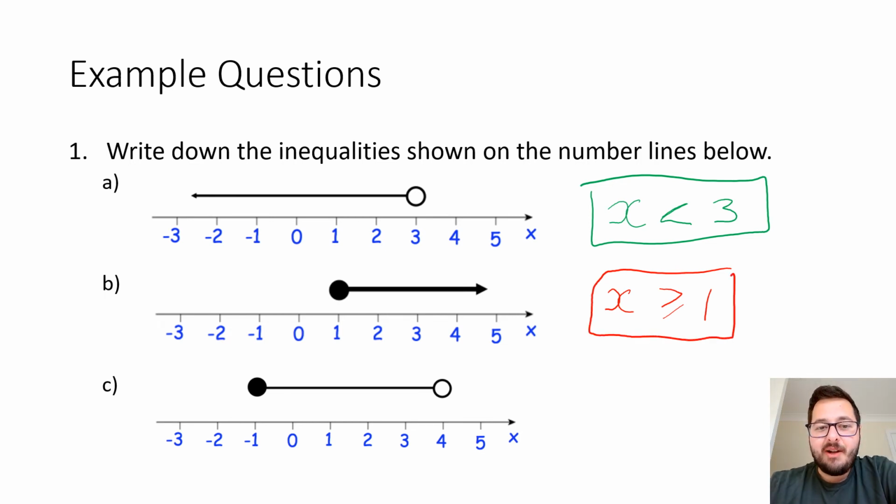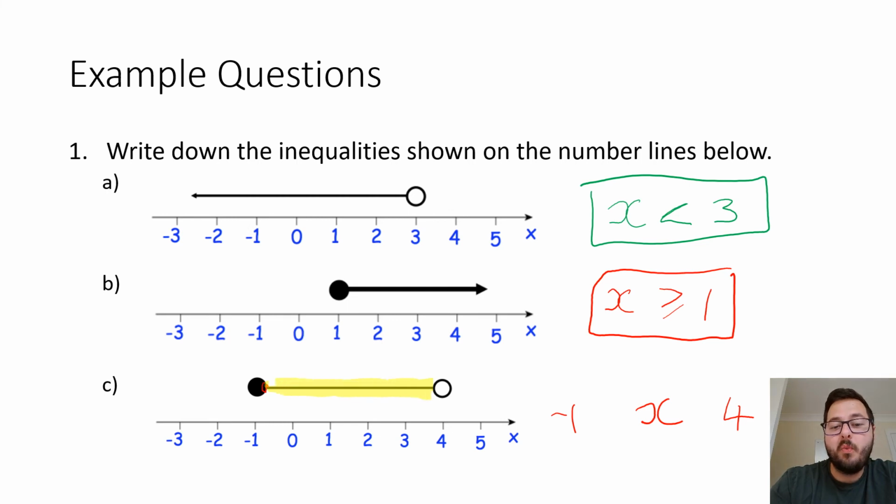Okay, now this next one, we've got two things going on. So we've got x is between two numbers. So let's start with x, and we're going to put those two numbers in. So the first one is -1, and the second one is 4. Now we're saying x is somewhere, let's use a highlighter, we're saying x is somewhere here.